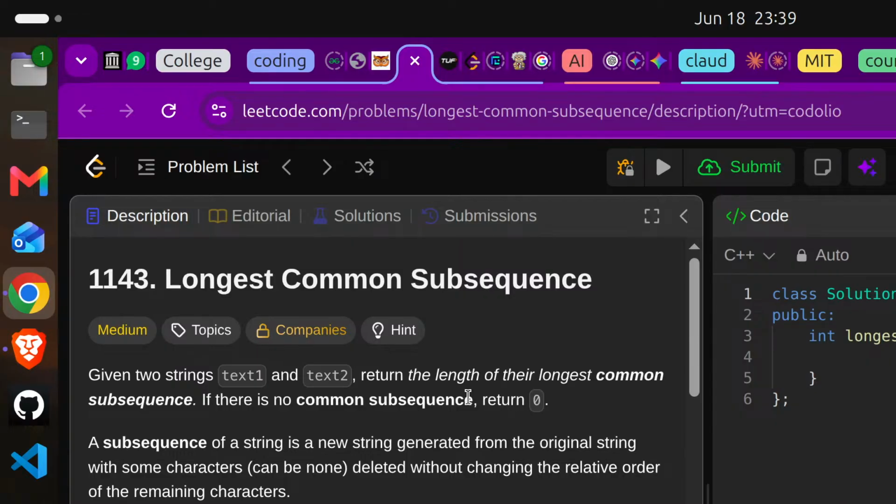Why is this so? So this will give us 1, right?